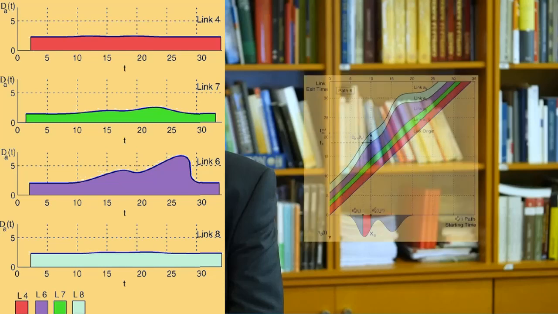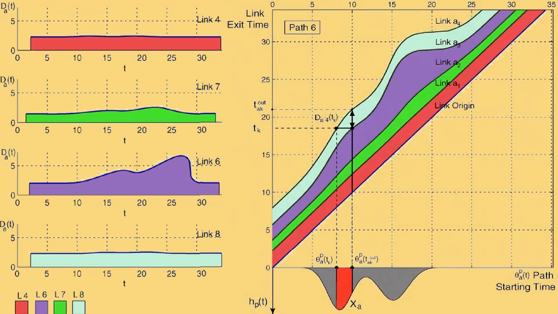The figure shows the link exit time curves as a function of the corresponding path departure times. Since path 6 has 4 links, 4, 7, 6 and 8, we show a set of 5 curves including the path origin curve, that is, the identity function f of t equal to t.